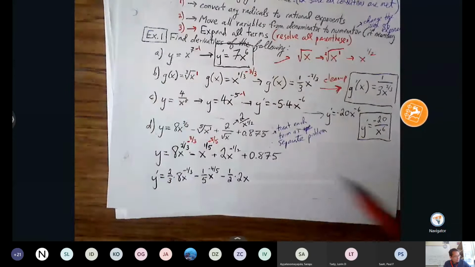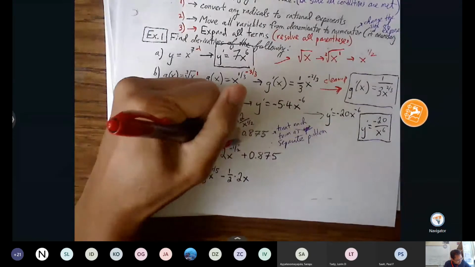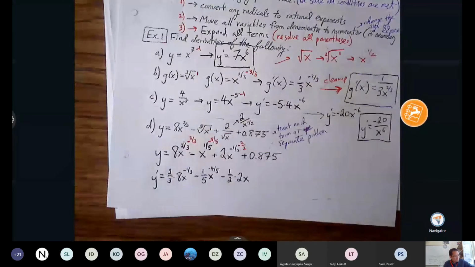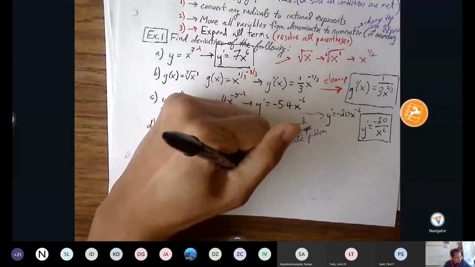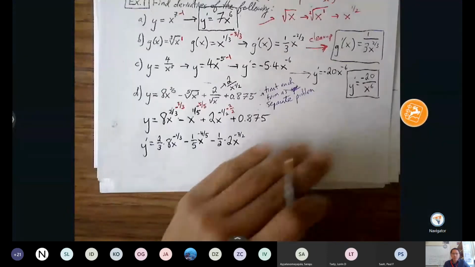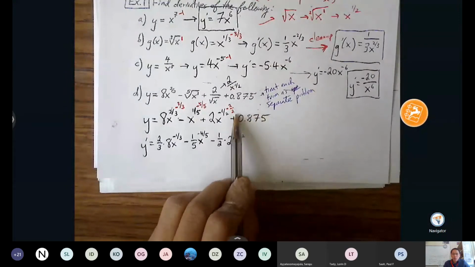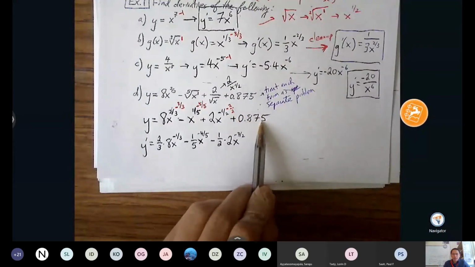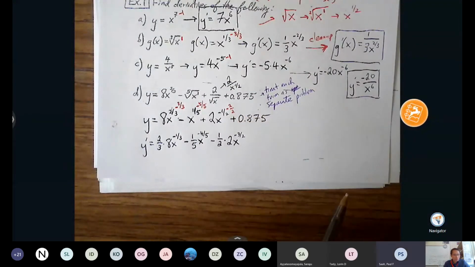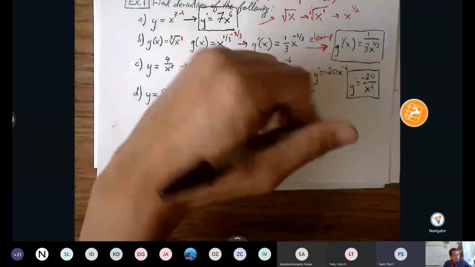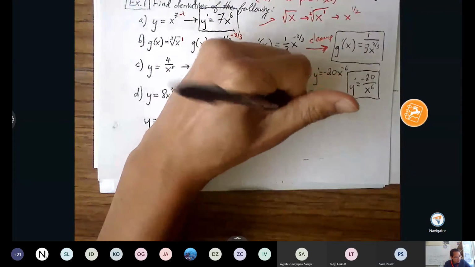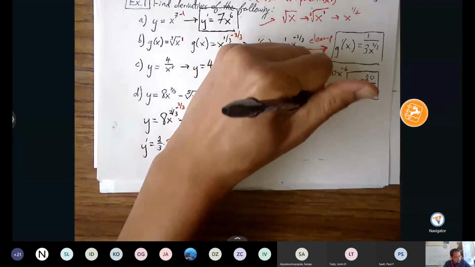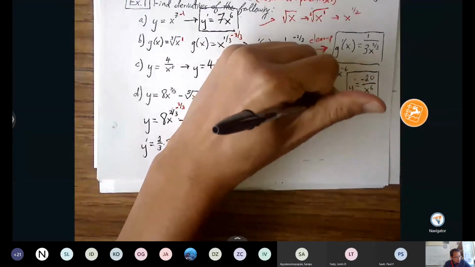Subtract 1. And what's going to happen to 0.875? 0. Good, right? A constant is just a horizontal line. And a horizontal line has a slope of 0.